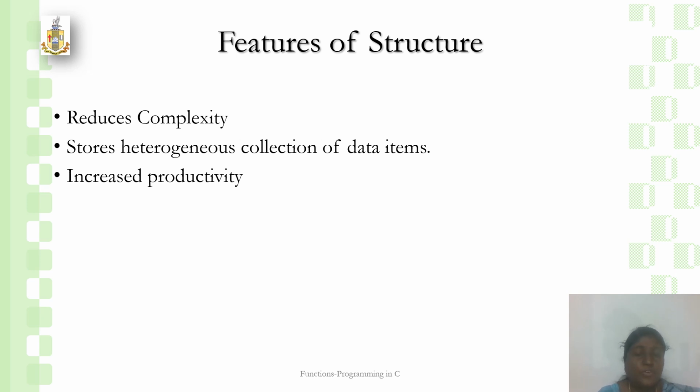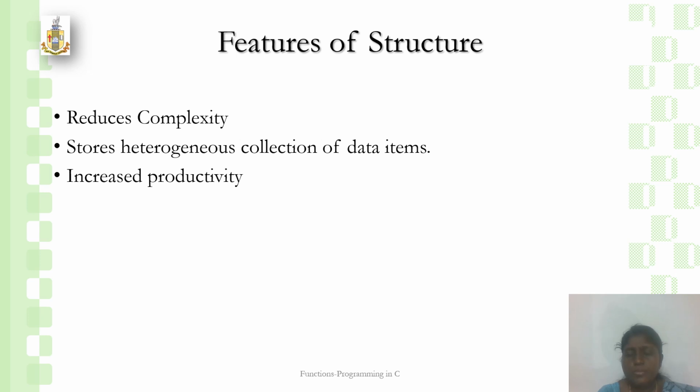For example, for an employee detail in a company, it has the ID, which is a number, the name, which will be in string format, date of birth and date of joining, which will be under the date type, salary in float or double type, and work designation in string type. So multiple different data types will be there.